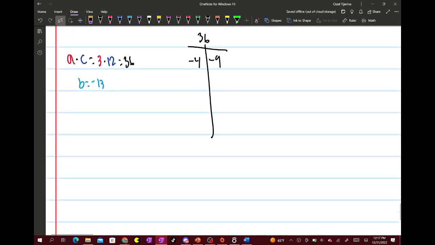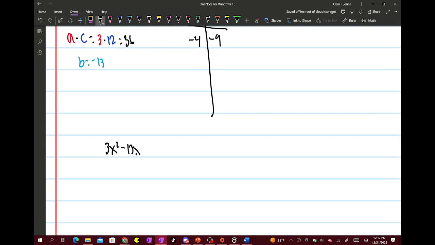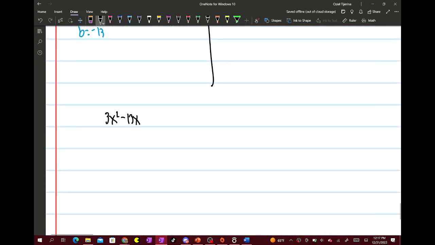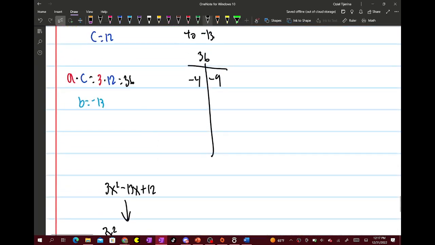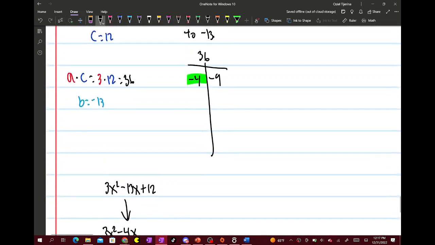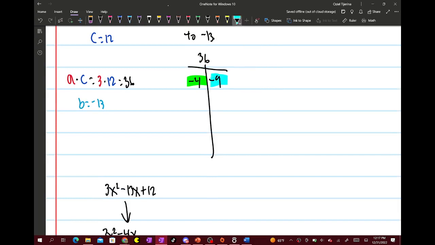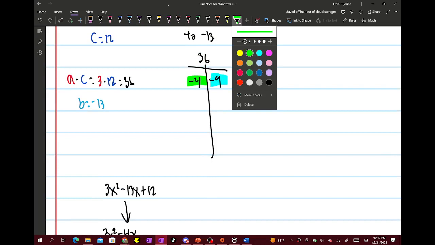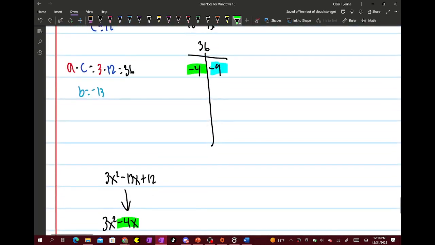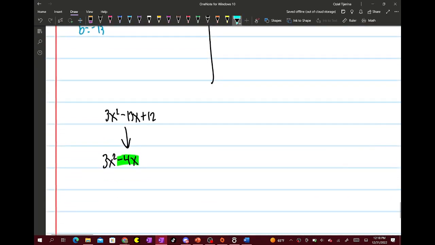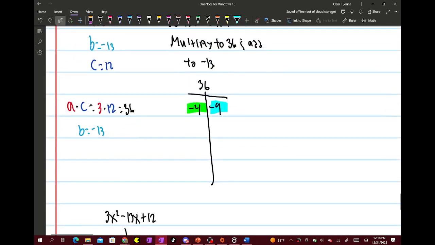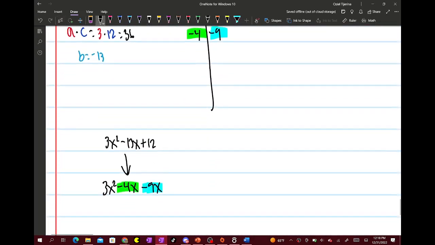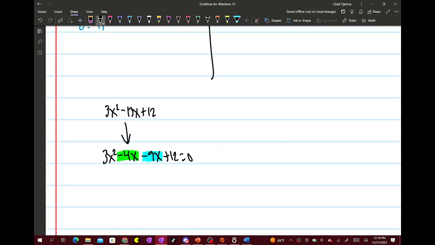So now we have 3x squared minus 13x plus 12, which is equal to 3x squared minus 4x minus 9x plus 12, and this is equal to 0.